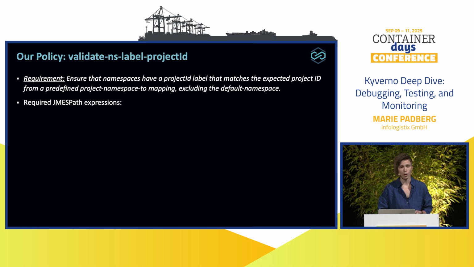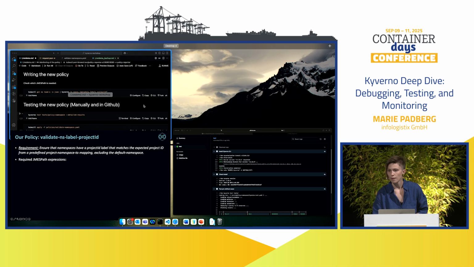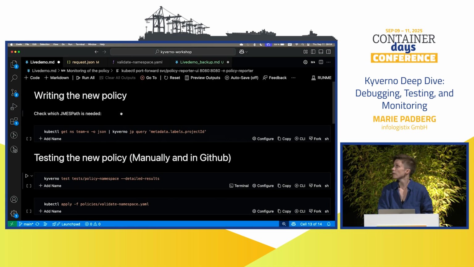Now let's go back to our namespace policy and find out which JMESPath expression we need to fulfill the requirement. Following the description, we need to pull out the label project ID and the name of the namespace. And I prepared some commands.